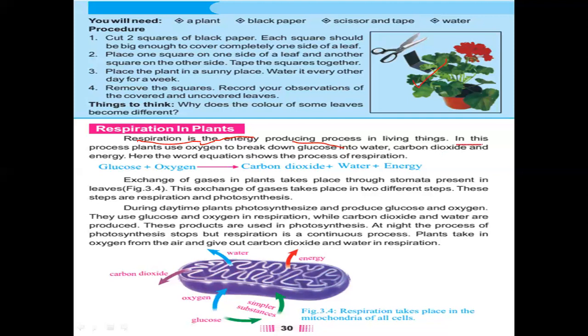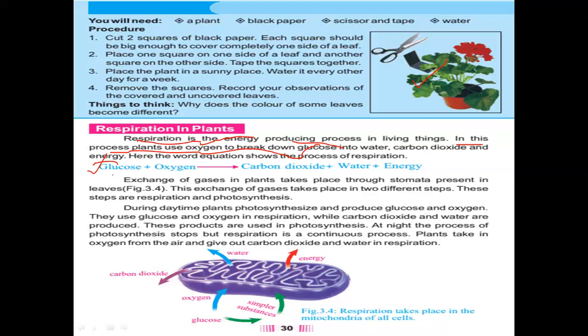So what happens in the process? In this process, plants use oxygen to break down glucose into water, carbon dioxide, and energy. So just see its word equation: glucose plus oxygen gives carbon dioxide plus water and energy.